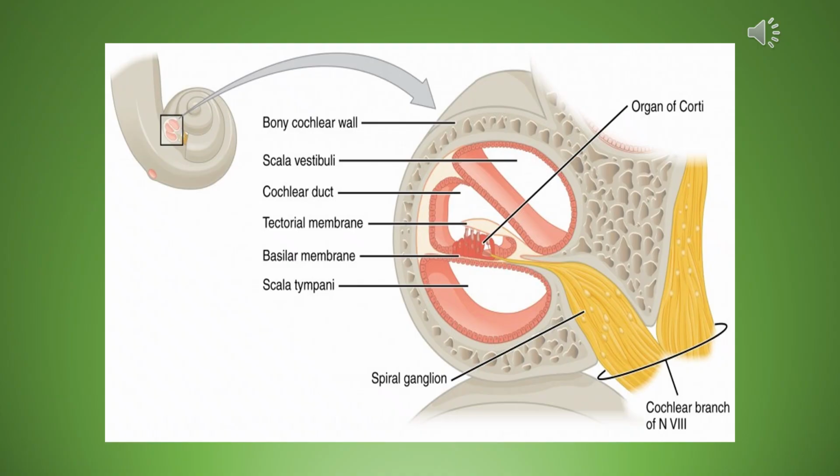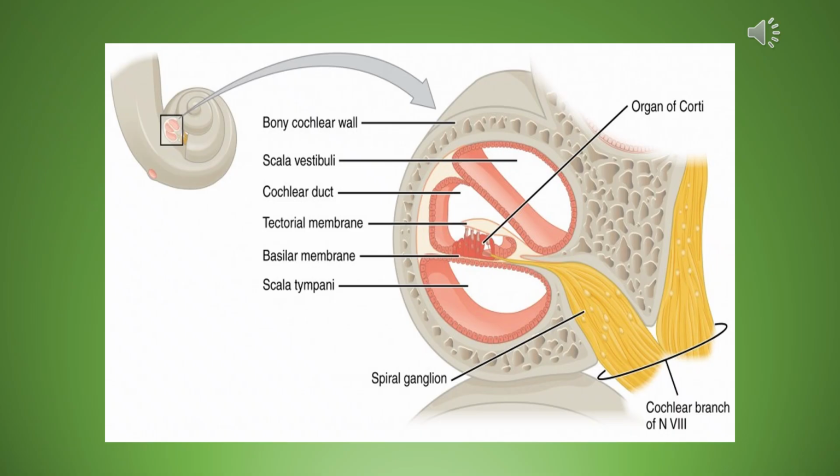When the basilar membrane goes up and down, which it does as the waves of endolymph flow under it, it moves like a sailboat on the ocean. The tectorial membrane doesn't move. So the little hairs, the cilia, press against the tectorial membrane.